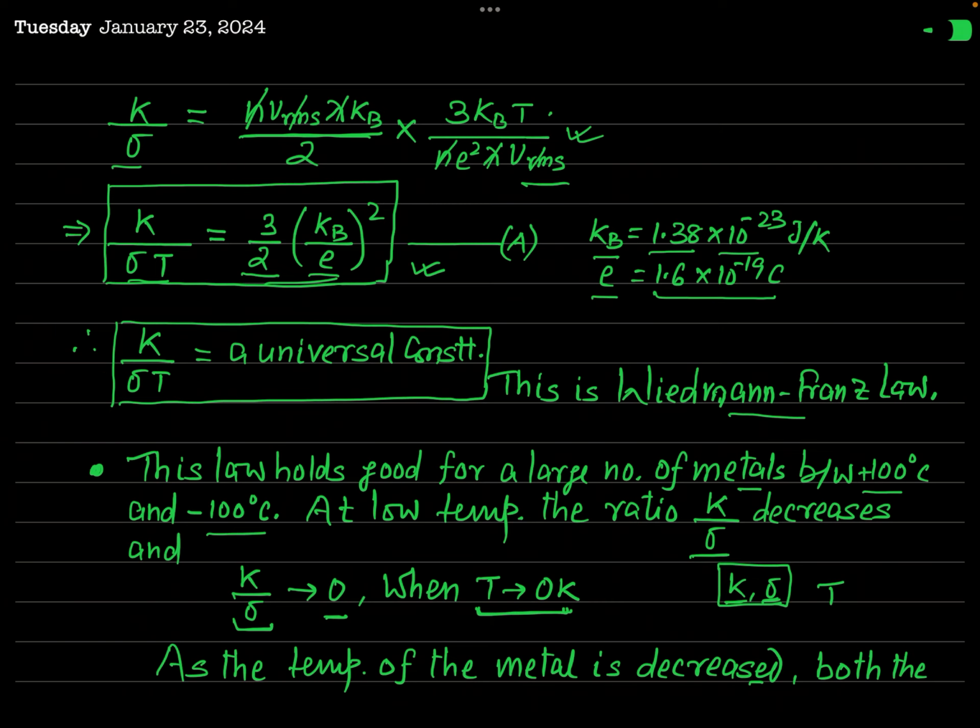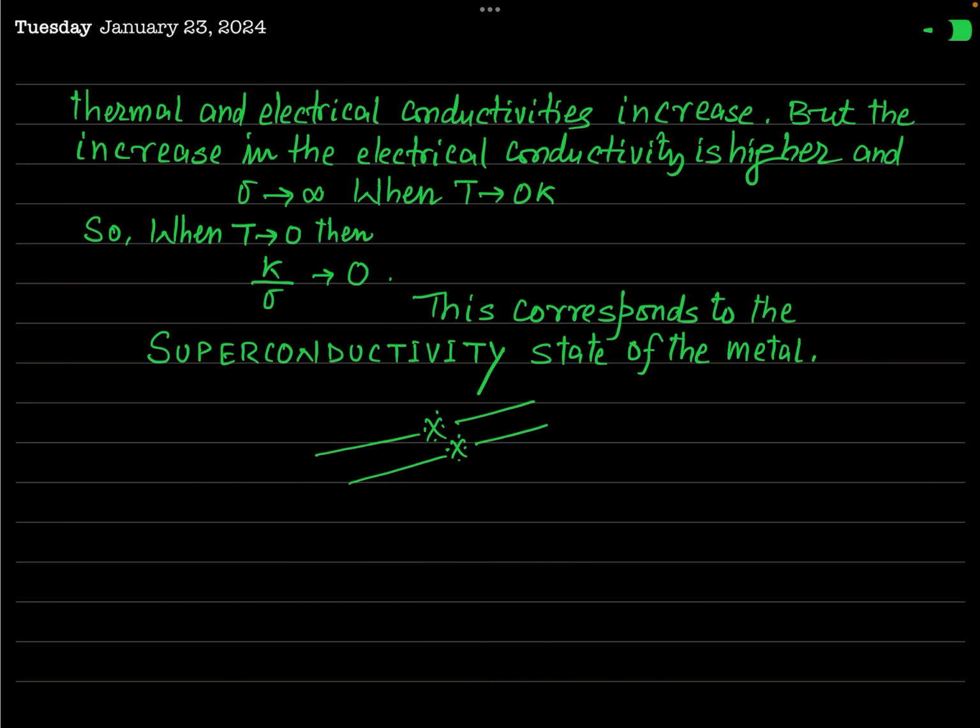Mark it. When you are talking about a temperature in the region of 0 Kelvin, sigma becomes infinitely large, but K remains at a finite value. So when T tends to 0 K, sigma tends to infinity.